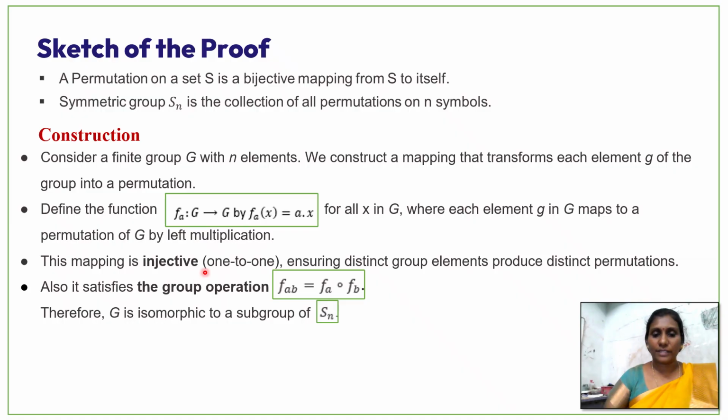Clearly, the mapping is injective, ensuring distinct group elements produce distinct permutations. Also, it satisfies the group operation f_ab equal to f_a composite f_b. Therefore, G is isomorphic to a subgroup of Sn.